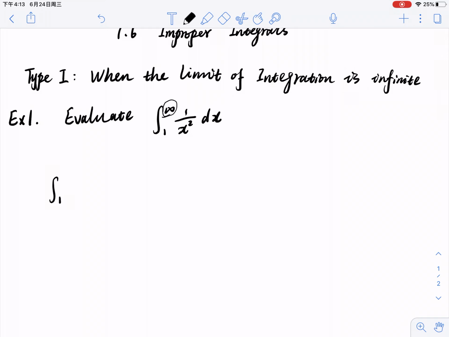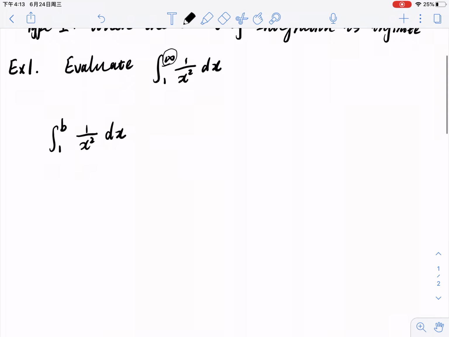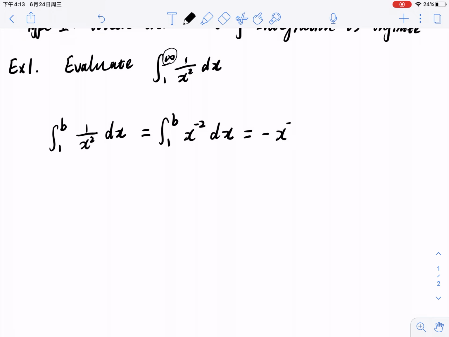The integral from 1 to b of 1 over x squared dx. For this integral, this is equal to the integral from 1 to b of x to the negative 2 dx. Then this is equal to negative x to the negative 1, from 1 to b.